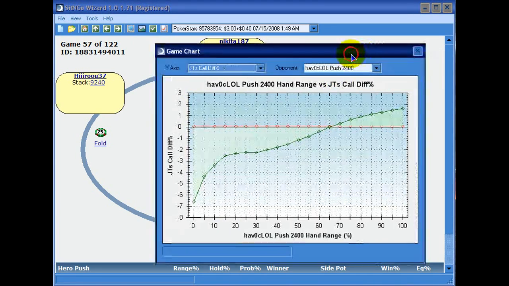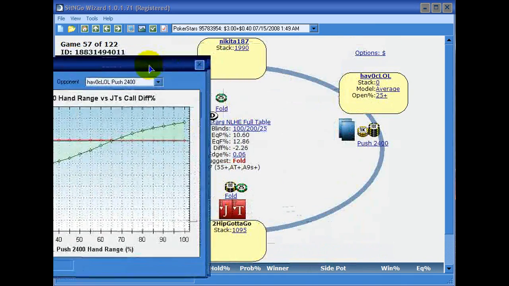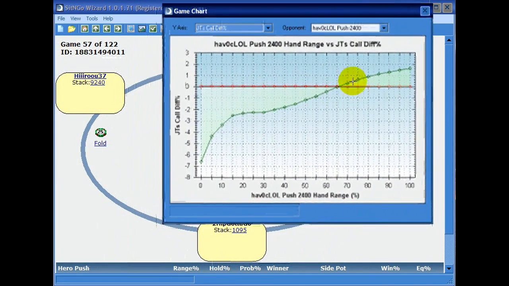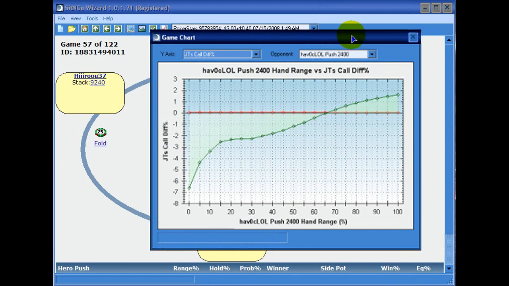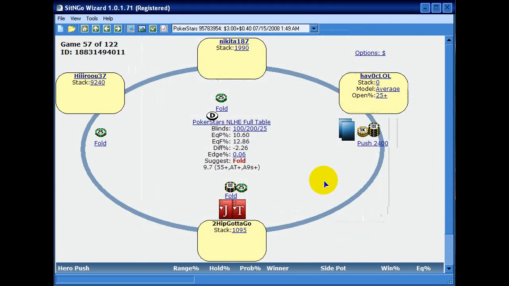And it seems if I've got jack 10 suited in the big blind in this exact spot and he pushed around 65% of his hands here, then I can start calling him. And that way you can very quickly figure out whether the call you made here was good or whether it was bad.